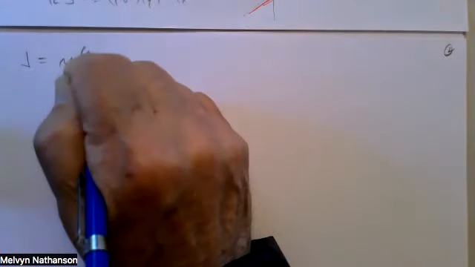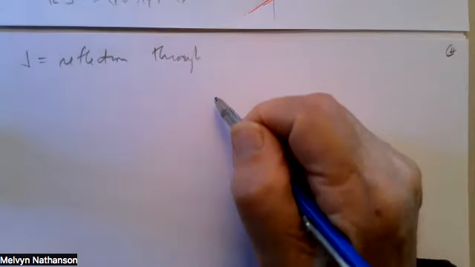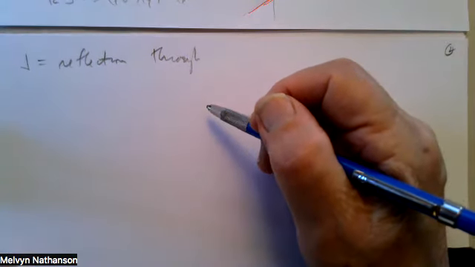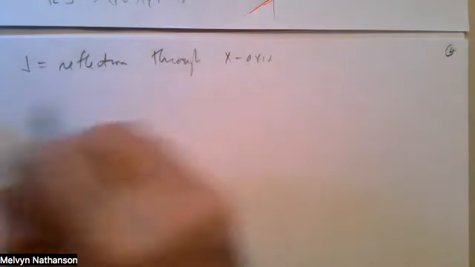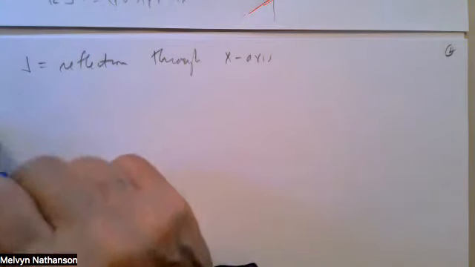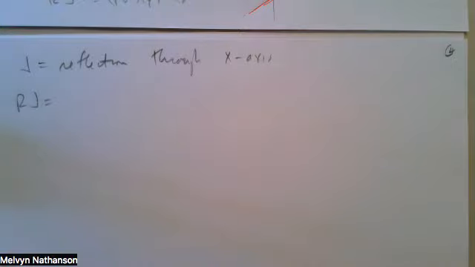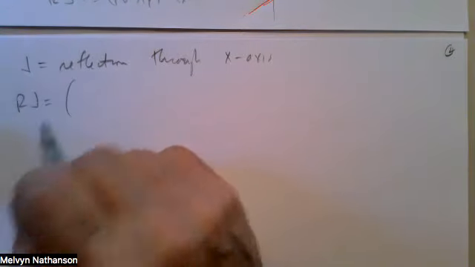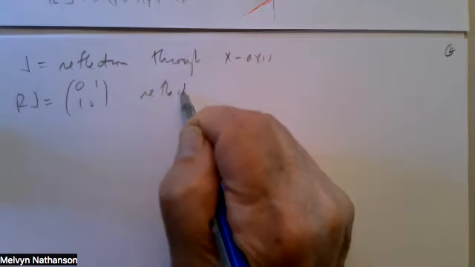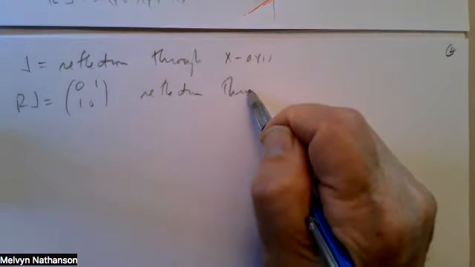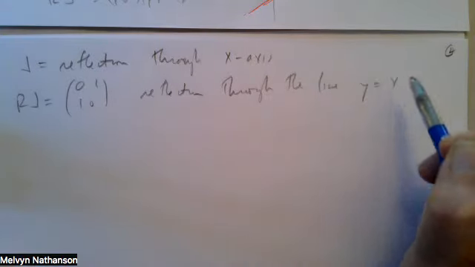J is reflection through the x-axis. Rj, which is the matrix 0, 1, 1, 0, is reflection through the line y equals x.